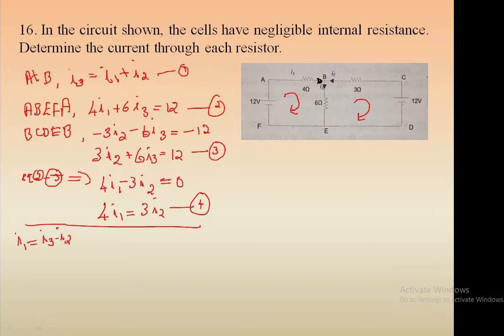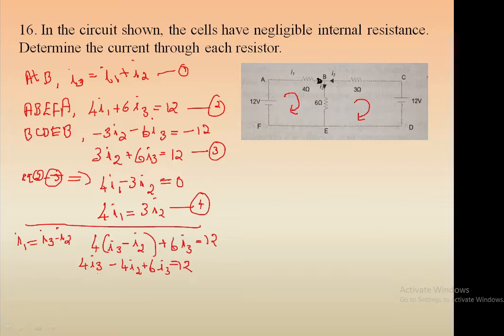Let us substitute this expression in equation number 2. Then we can write 4 into I1, that is 4 into (I3 minus I2), plus 6I3 equals 12. Let us expand: 4I3 minus 4I2 plus 6I3 equals 12.